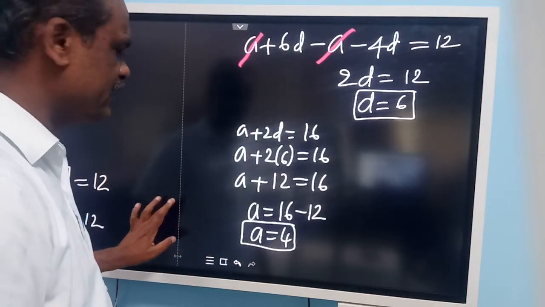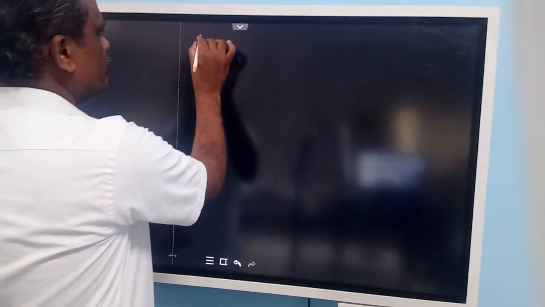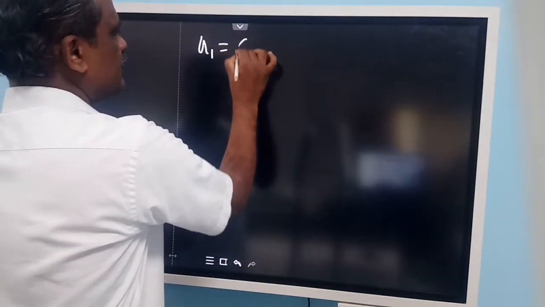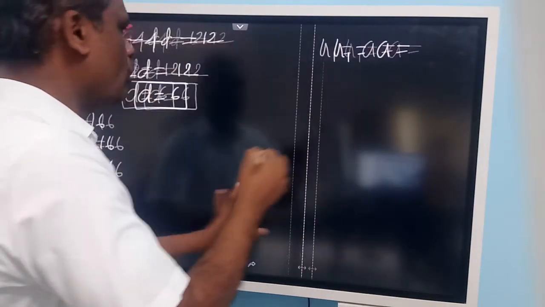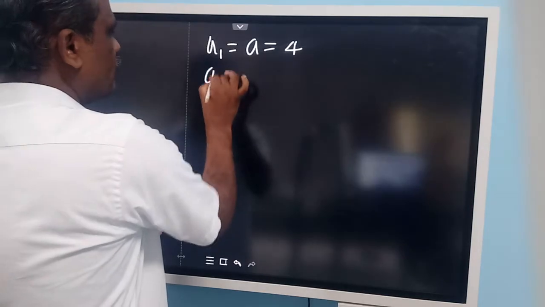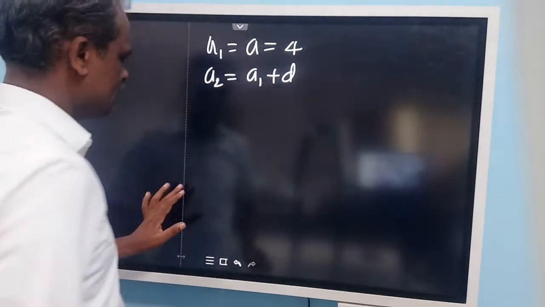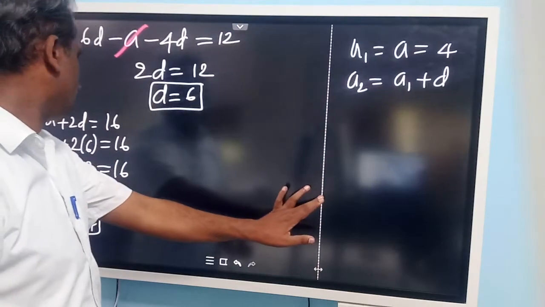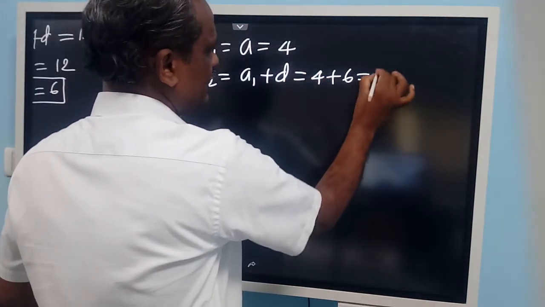Once you get a and d, you can find the first term, second term. So first term A1 is equal to a itself, that is 4. A2, the second term, is A1 plus d: first term 4 and d is 6, that is 4 plus 6, which is 10.